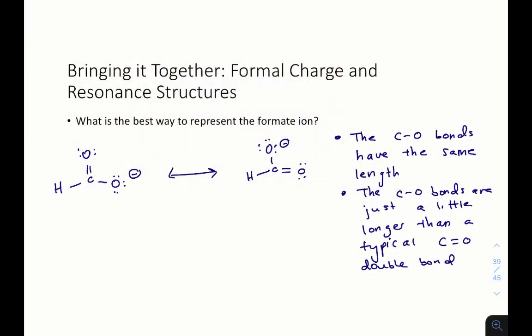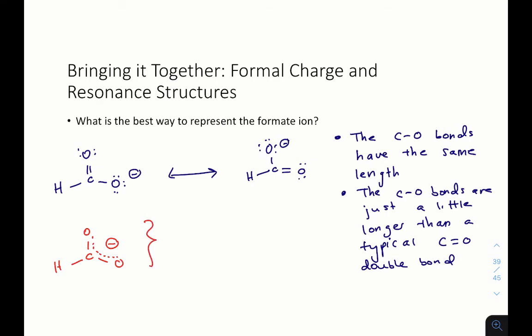The formate ion is a composite of both of these resonance structures. In fact, both of the oxygen atoms make some sort of double bonding, some sort of pi bonding interaction with the carbon atom at the same time. Both of these oxygens share that positive formal charge.